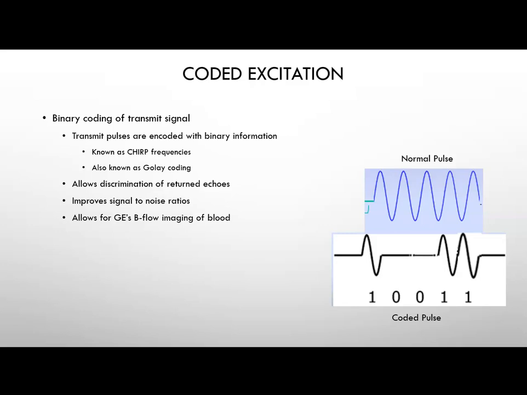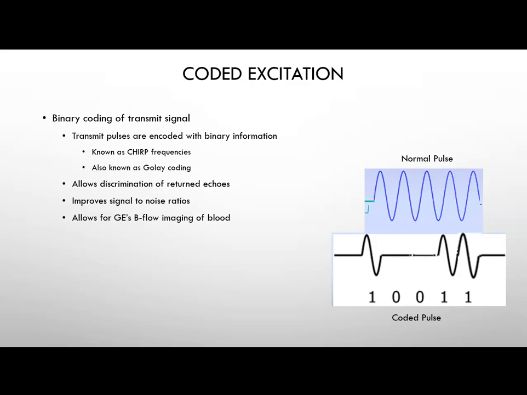Now, Golay coding is a slightly specialized type of binary coded excitation which requires 2 pulses, but nobody cares about that. So Golay coding, chirp frequencies, and binary coded excitation are essentially the same thing. This allows discrimination of returned echoes.